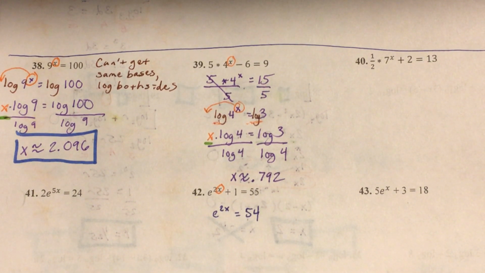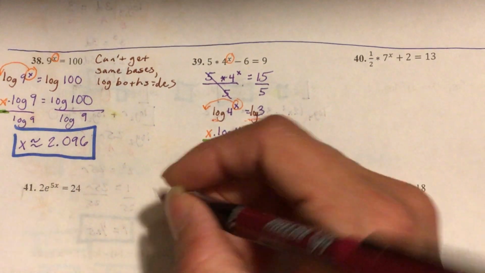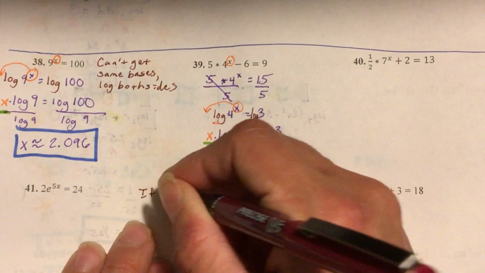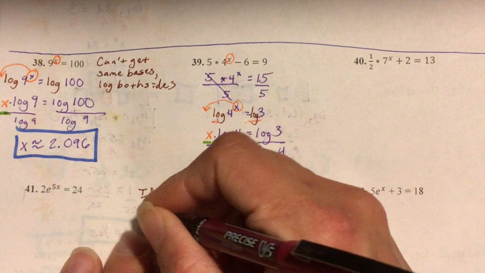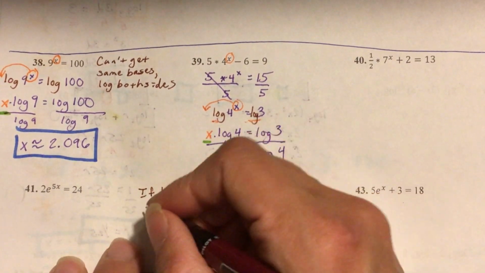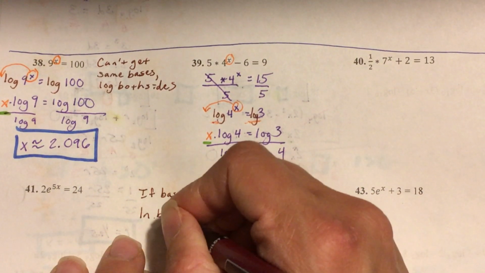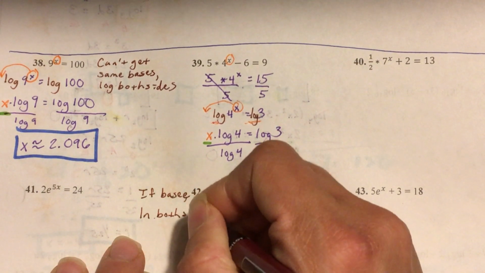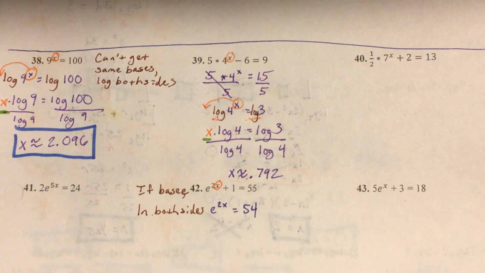But instead of just common logging both sides, if you have base E, we are going to natural log both sides. So if you have base E, natural log both sides.